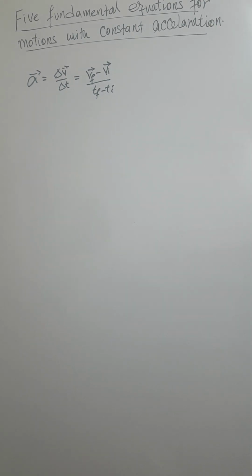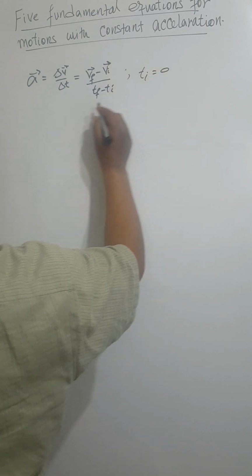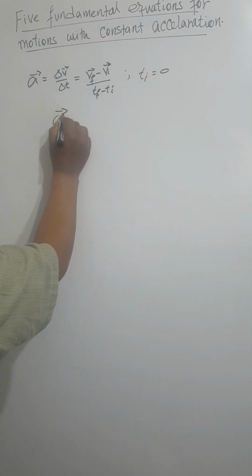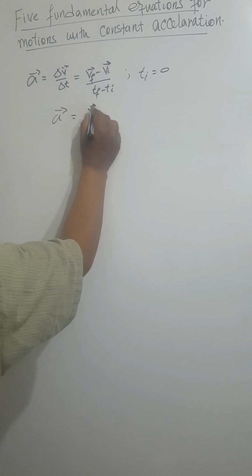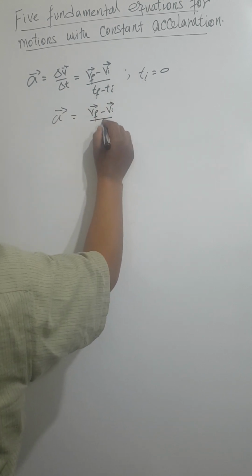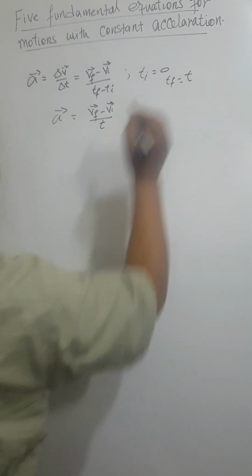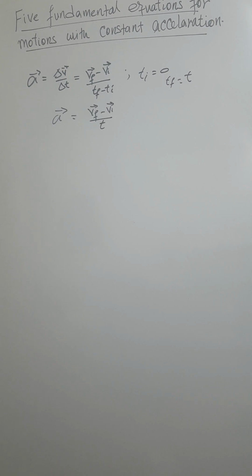But in most cases, we assume the initial time to be zero. Now this equation, acceleration is equal to Vf minus Vi divided by t. If the initial time is zero, Tf is considered as the time elapsed, the time taken for the change in velocity.